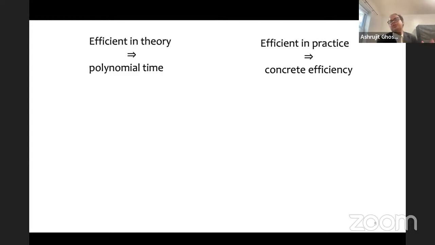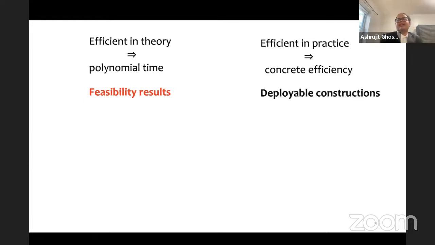That is, we are not only happy with polynomial time, we want the polynomial to be of small degree, have small coefficients, etc. This disparity comes from the fact that from a theoretical standpoint, we mainly care about what is feasible. On the other hand, in practice, we actually want constructions that we can deploy in the real world.